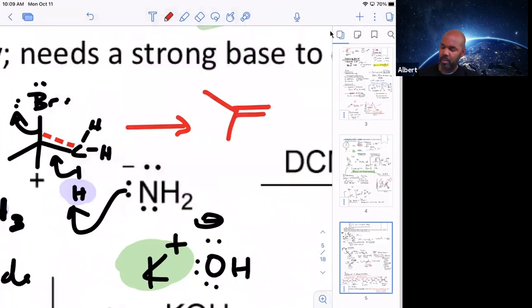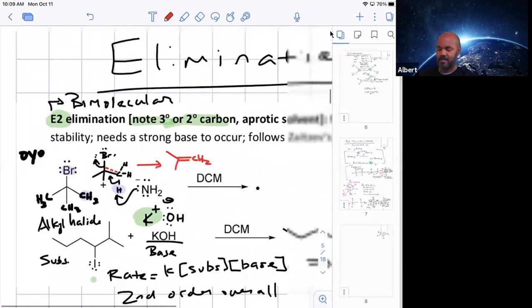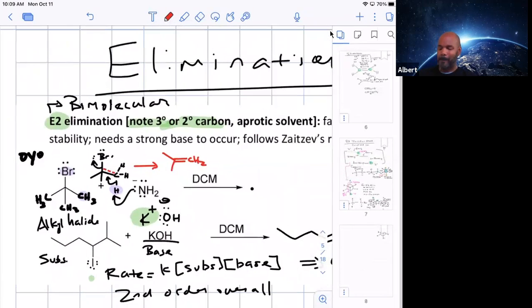This is what your product would look like. But you wouldn't get more than one because all of those carbons are identical.